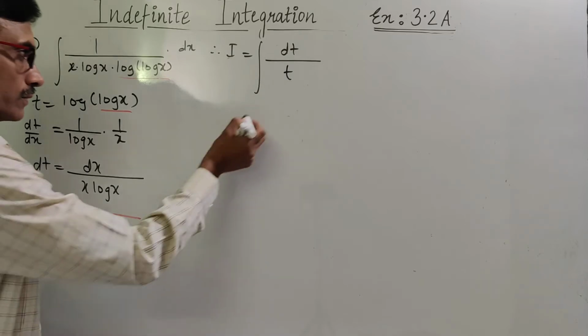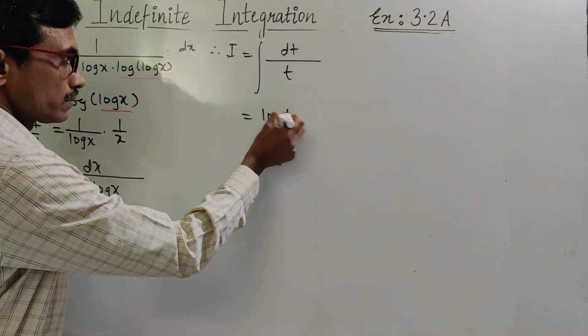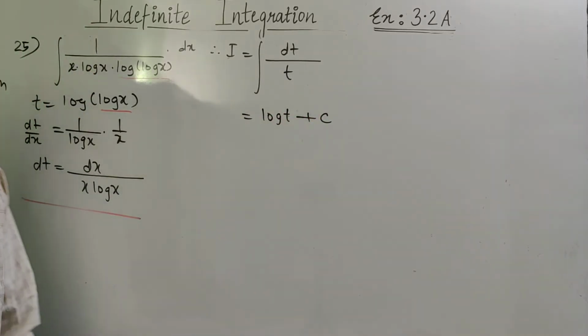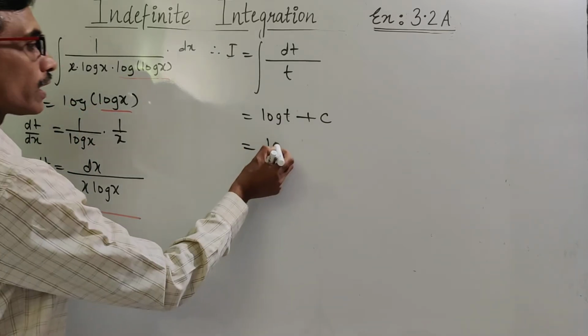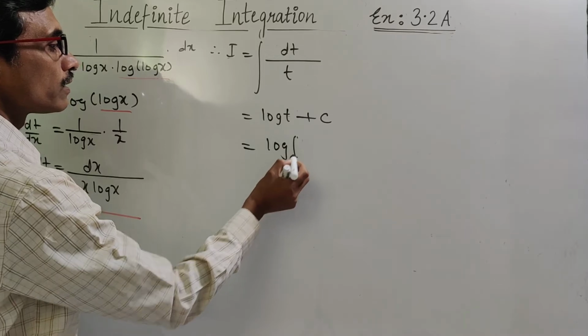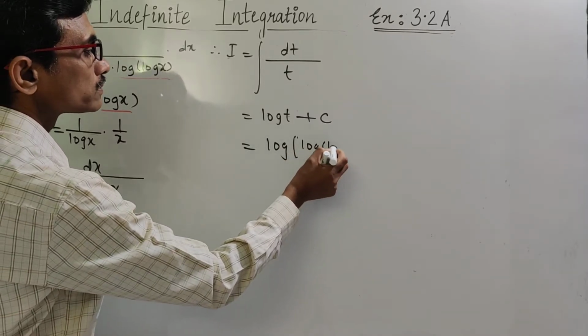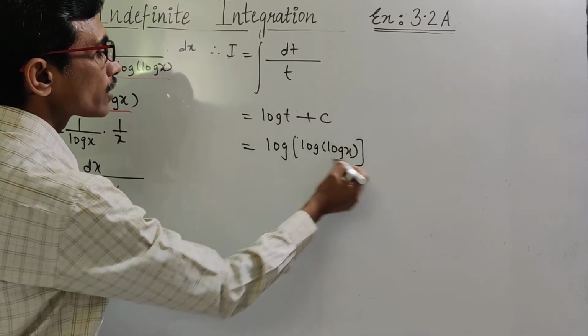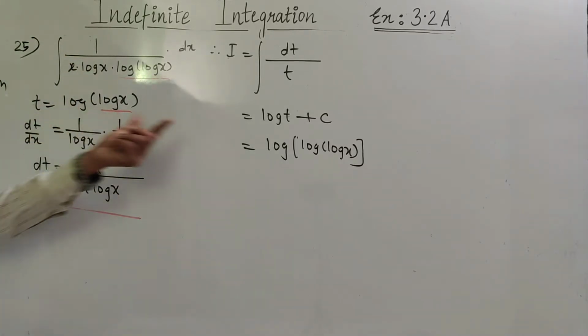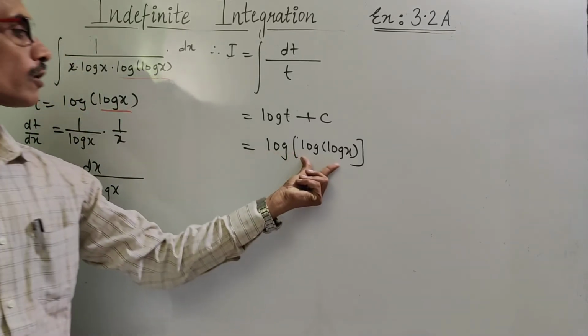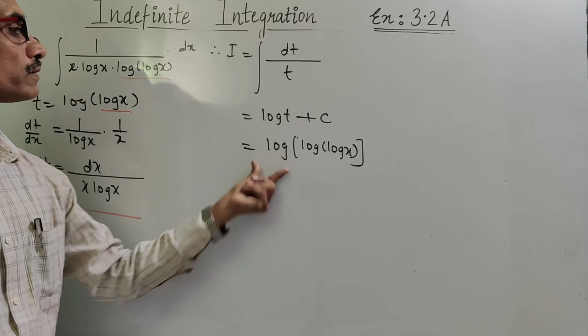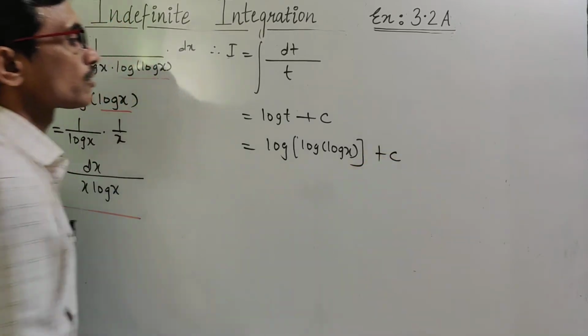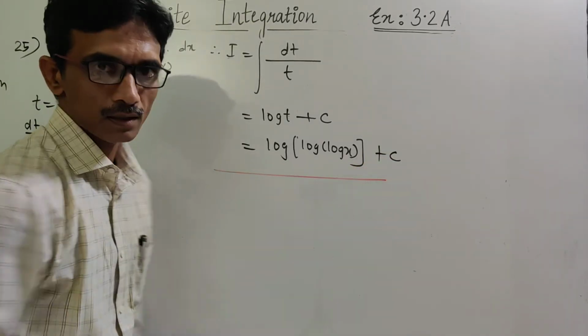Log t plus c, constant of integration, and t is equal to log of log x. So one more log will be added. The answer is log of log of log x plus c, constant of integration.